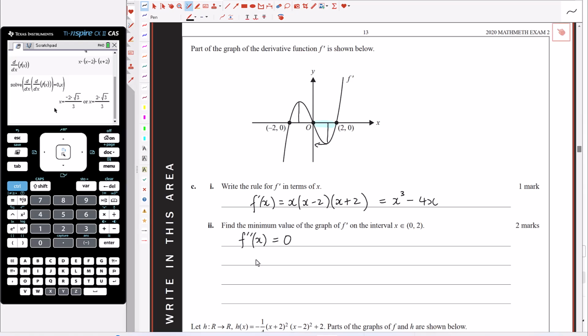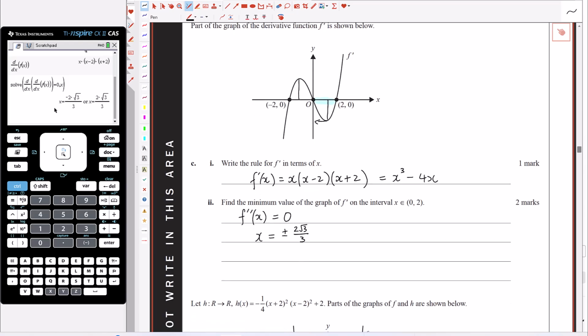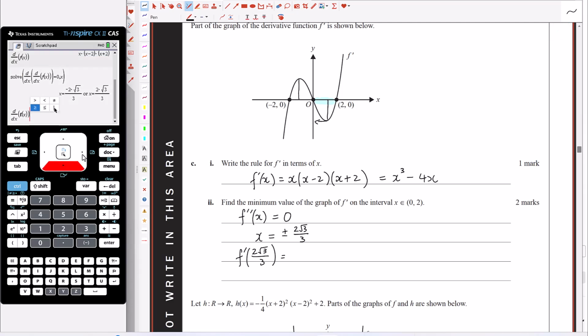Okay, so that tells me that those turning points of the derivative function happen when x is plus or minus 2 root 3 on 3. We're only interested in the one in this domain, so we're only interested in the positive one. And so we want the value of the derivative. So it's the minimum value of the derivative function. We're not subbing it back into the original. So we're substituting the positive one of those into the derivative. So I'm going to take that, and I might just copy that because that's going to be quicker, but I want to get rid of the one that I don't want.